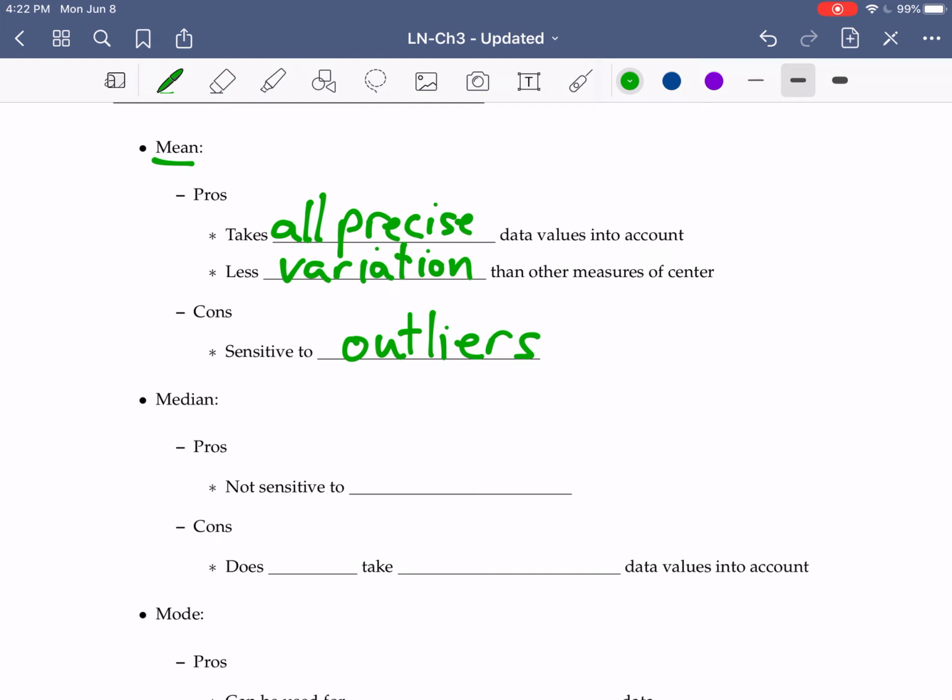If Jeff Bezos, the founder of Amazon, decided to watch this video, his net worth, which is in the hundreds of billions of dollars, would make the mean a lot higher. And so it's sensitive to outliers. The median is not sensitive to outliers.